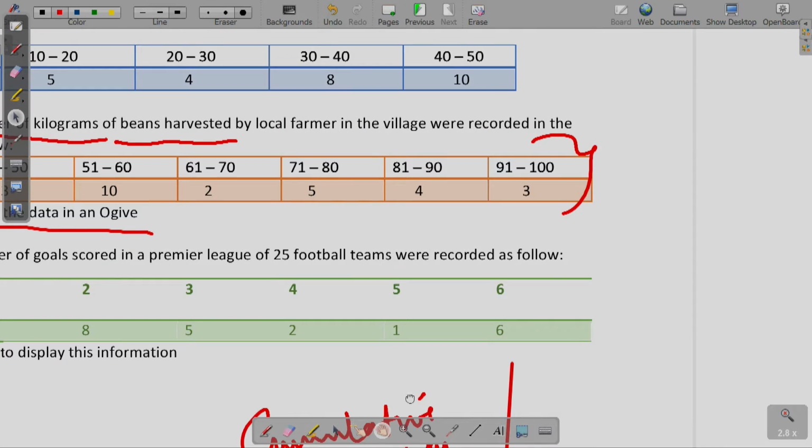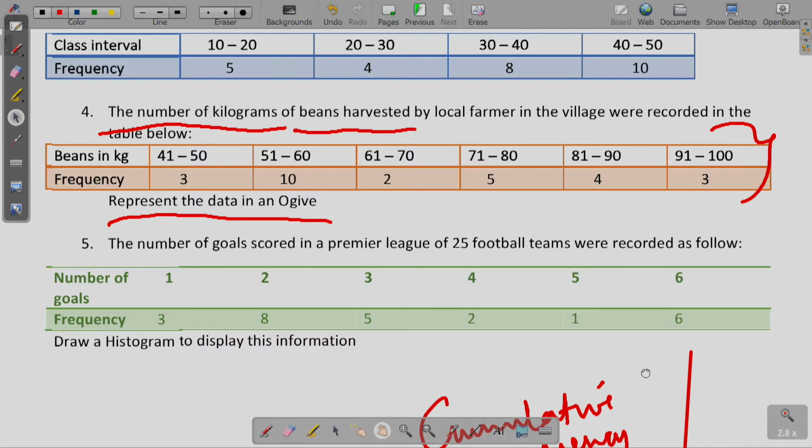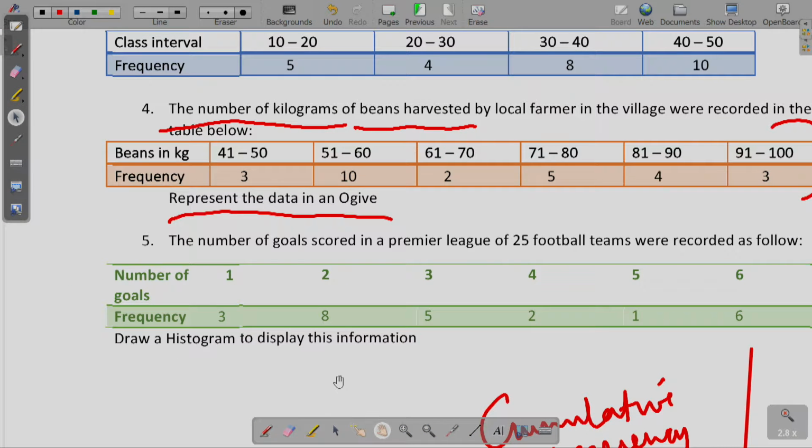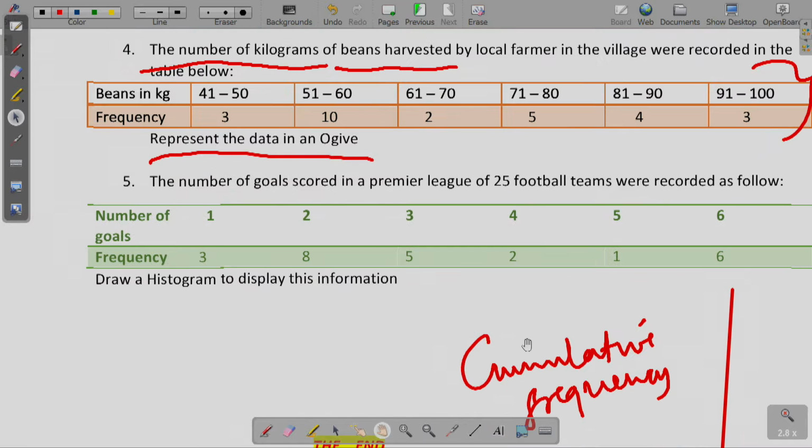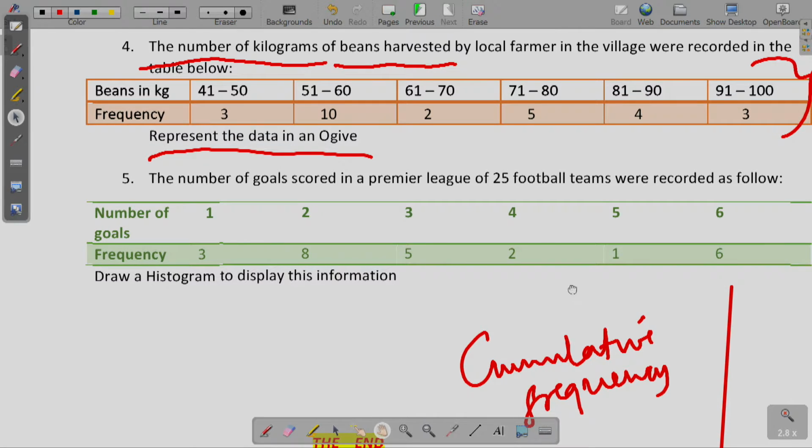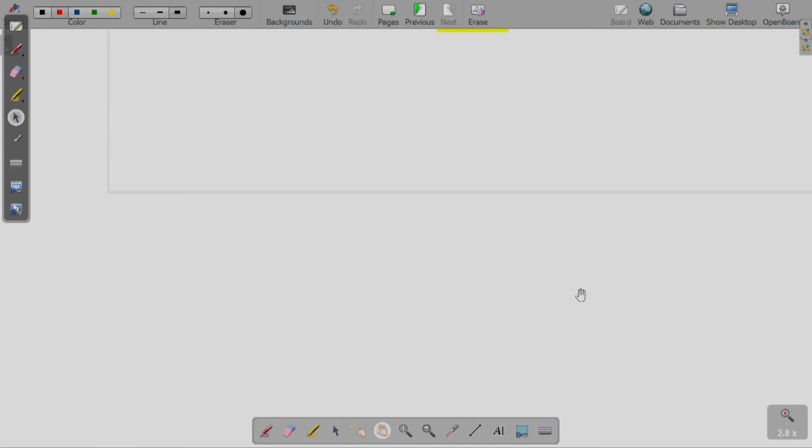But the table here has only class interval and frequency. So we have to draw another table which will involve cumulative frequency and upper boundary, or upper real limits. So let's draw the table.